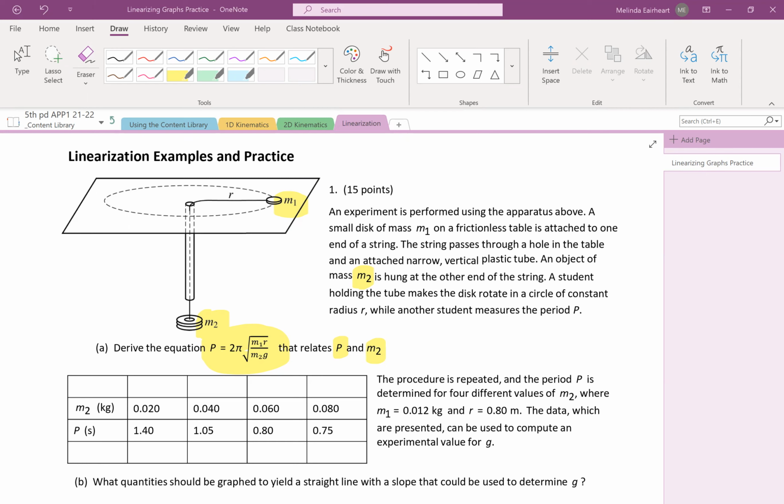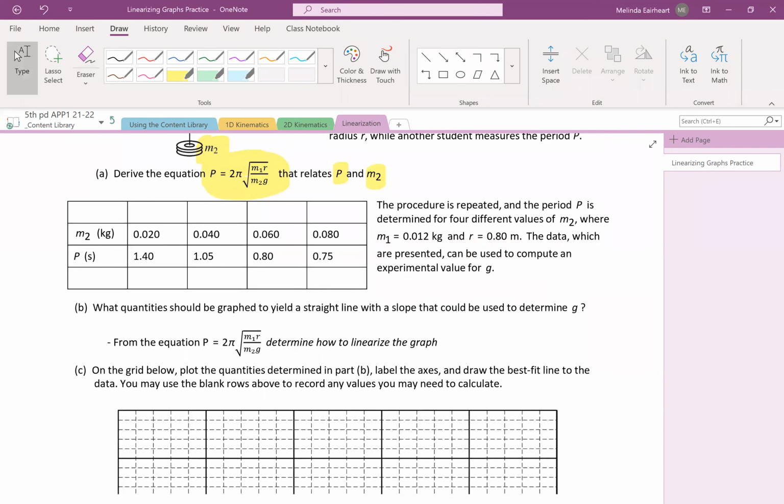It says this procedure is repeated, and the period p is determined for 4 different values of m2, where m1 is this mass. Don't get confused, that's m1, that's the one not changing, and the radius is 0.8. Those are only one number, so both of those are constants. The data is presented and can be used to compute an experimental value for g.